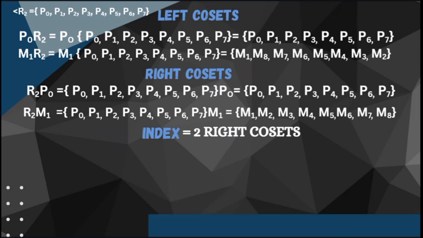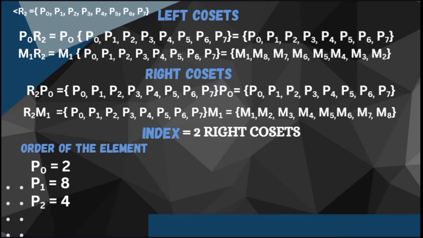For the order of the elements, the order of an element is how many times you multiply the element to itself until the result is the identity element. For rho sub 0, we have 2. Rho sub 1, we have 8. Rho sub 2, 4. Rho sub 3, we have 8.